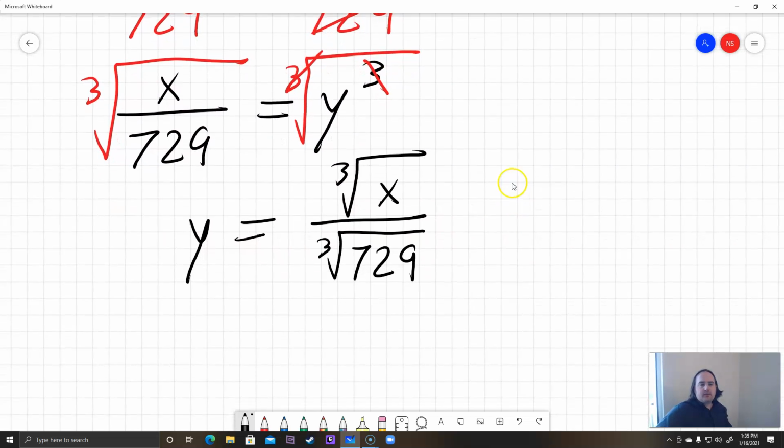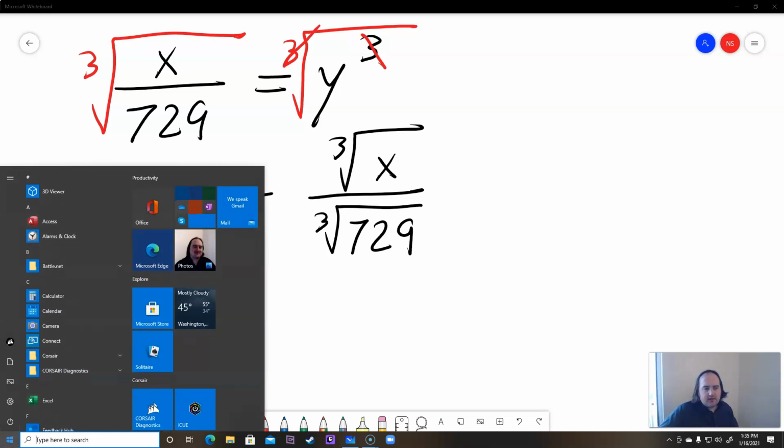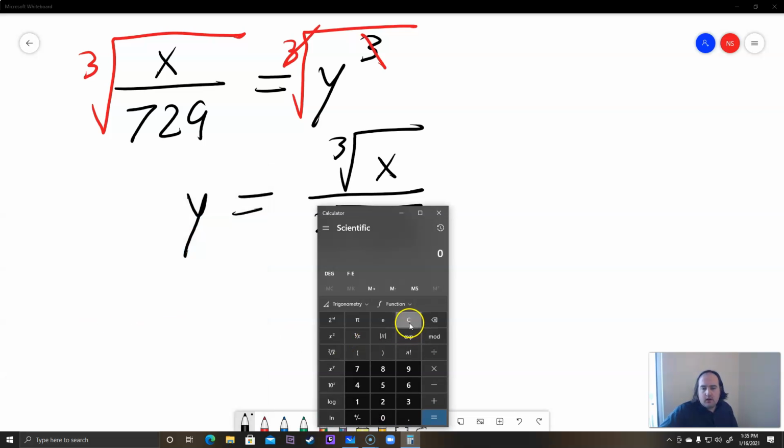Cube root of 729 might be difficult to do in your head. You could factor it, or you could just use a calculator. For my course, if you don't have an actual physical calculator for whatever reason, you're always welcome to use online calculators, or even just the one that is on your computer.